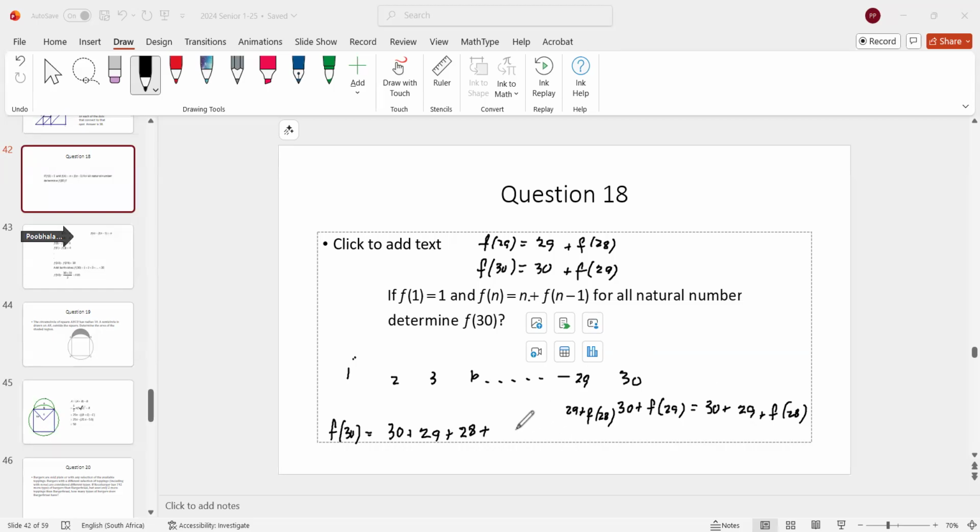F of 27 is 27 plus f of 26. So you keep coming down like that until you come to f of 2, which will be 2 plus f of 1. That's f of 2, right? And f of 1 we already know is 1. So this part is 3.